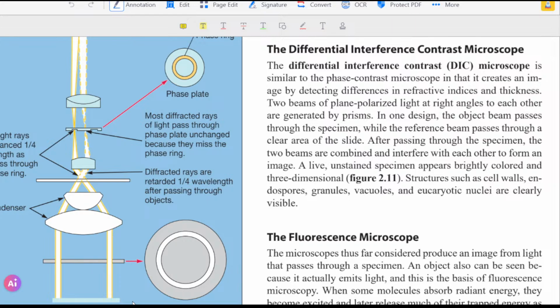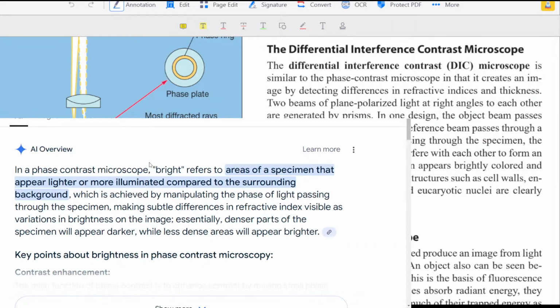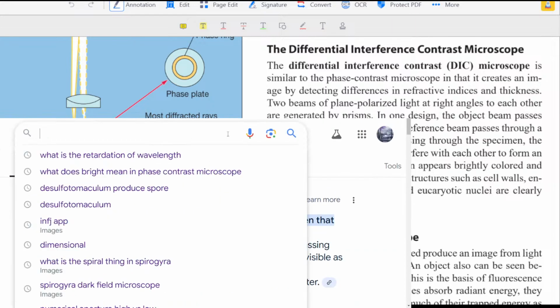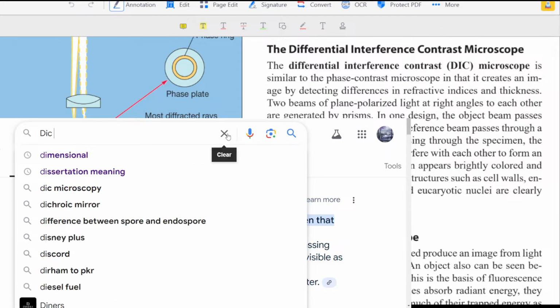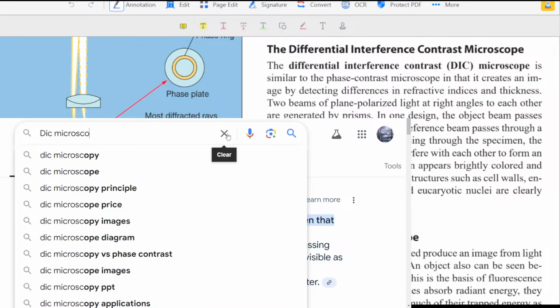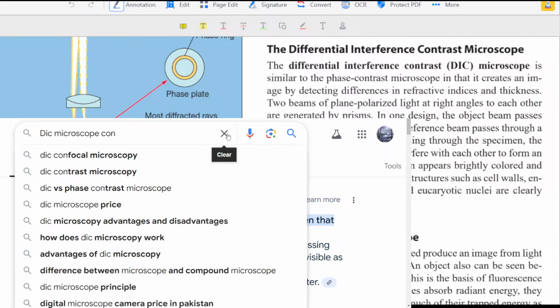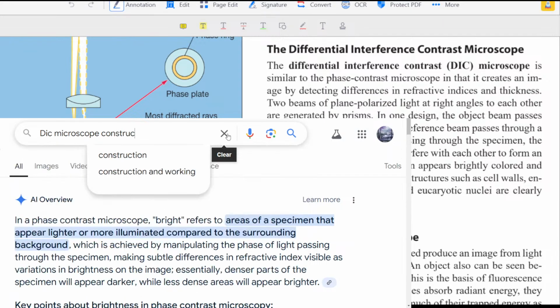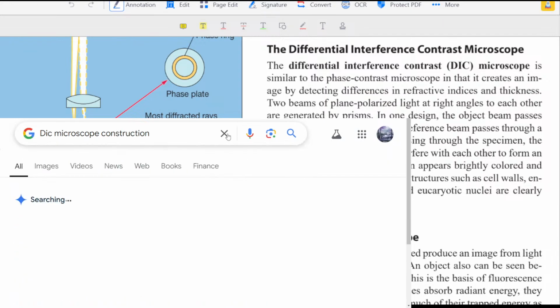Let's see how this DIC microscope actually looks or works. DIC microscope construction. Will that be fine?